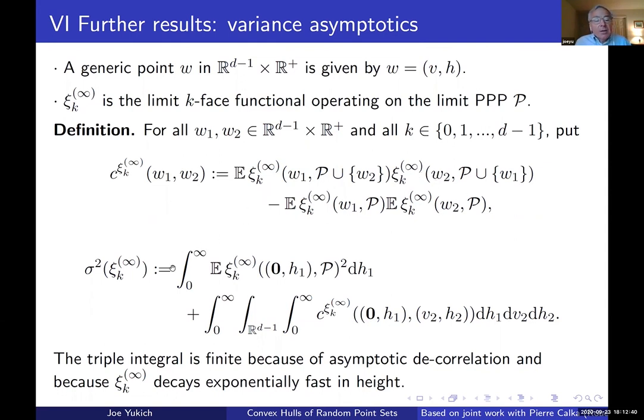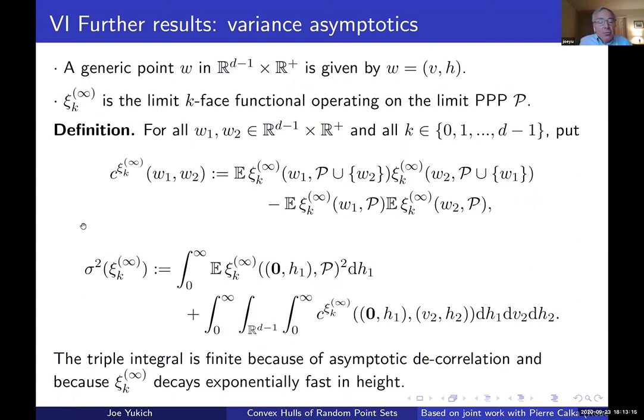And then in this term, we integrate this covariance over all points having spatial coordinate at the origin and a second point of the type (V2, H2), where V2 and H2 vary over the upper half plane. So this defines sigma squared, the integral of the expectation of the score squared, where the spatial coordinate of the score is at the origin, plus this triple integral.